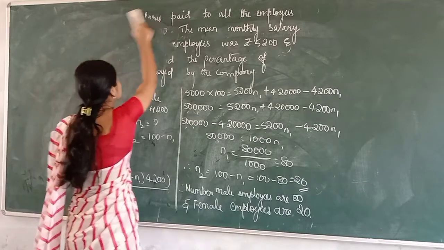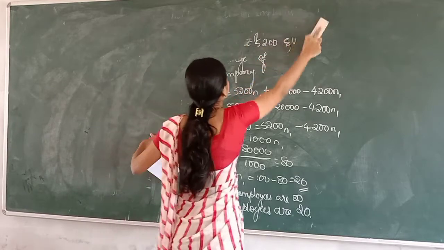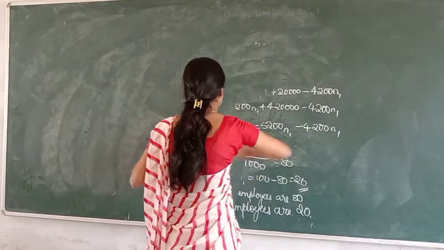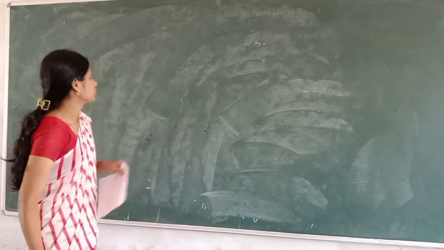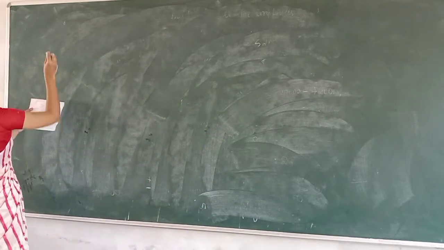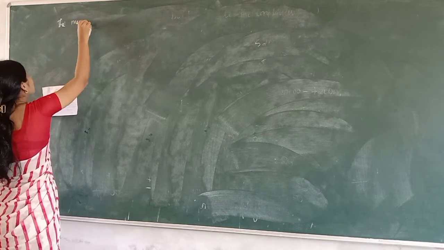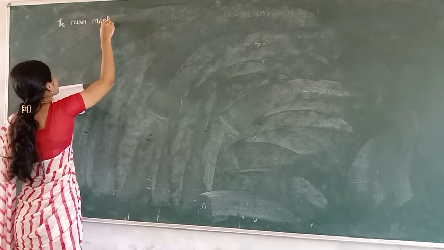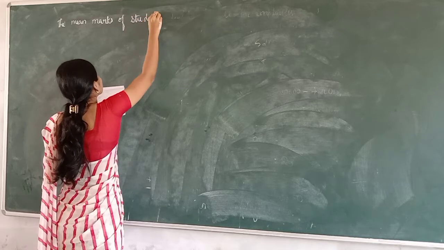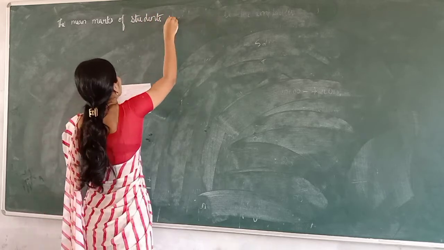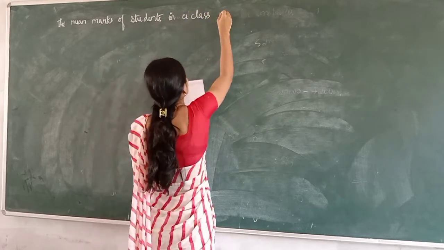Now we are going to solve the last problem under combined mean. The problem is: the mean marks of students in a class is 72.